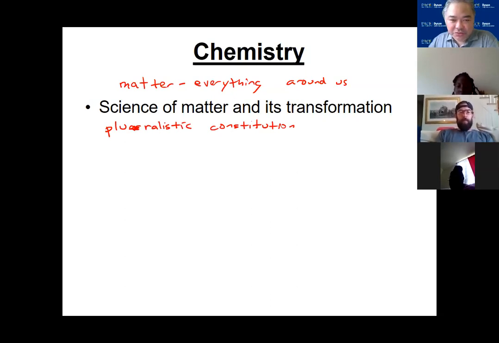So if we look at this chemistry discipline, it has a dual characteristic. It is both a natural science and technology.